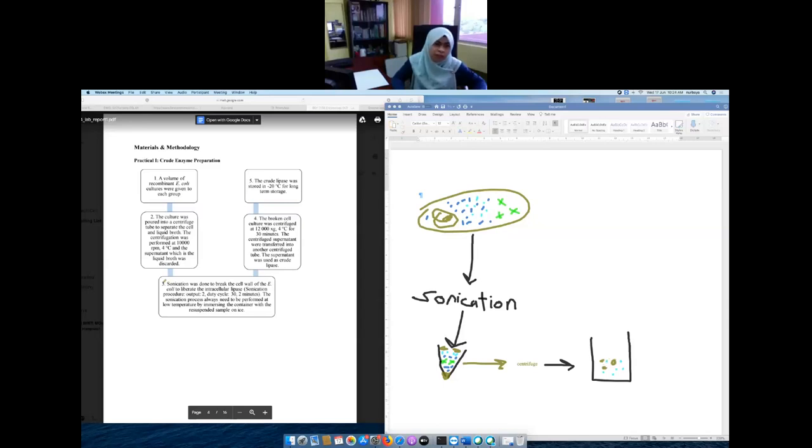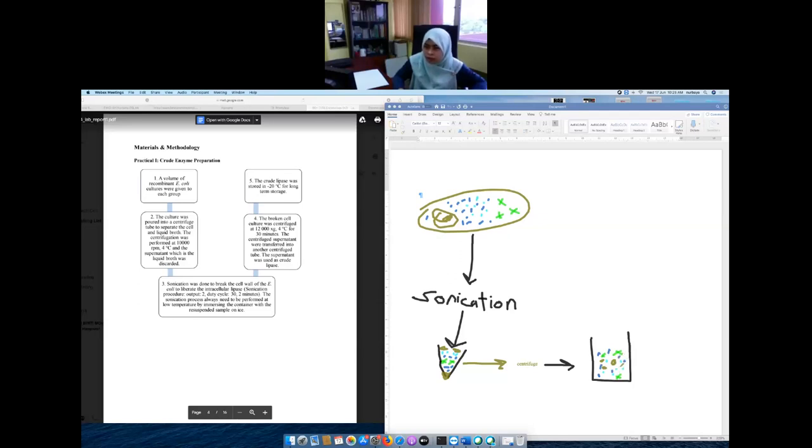So we will have this lipase, the metabolite also there, and the other impurities, the other proteins also there.